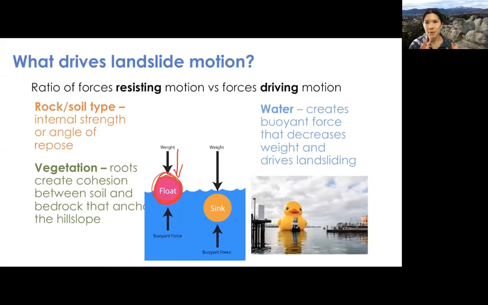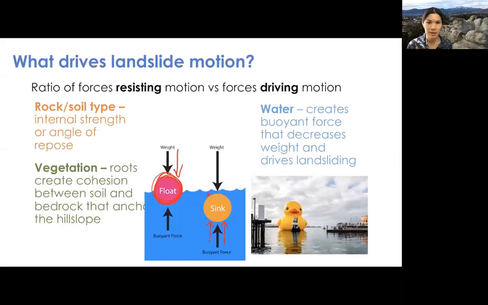However, you also have the pressure of all of the water around that, and so the pressure is going to be lower on the top of that material because there's less water on the top. And it's going to be greater on the bottom because there's more water height on the bottom. And so this drives a buoyant force where overall the water is actually pushing up on that material.